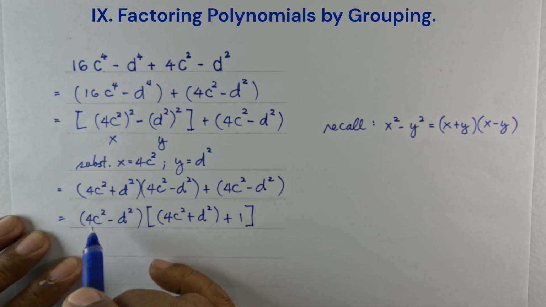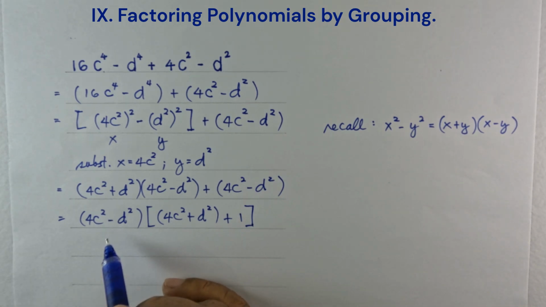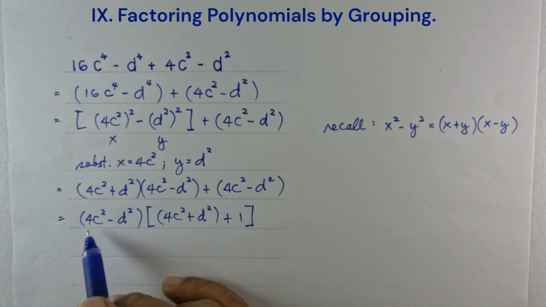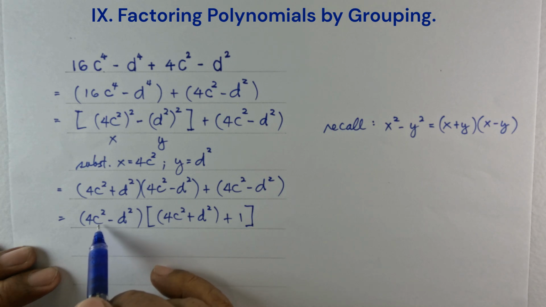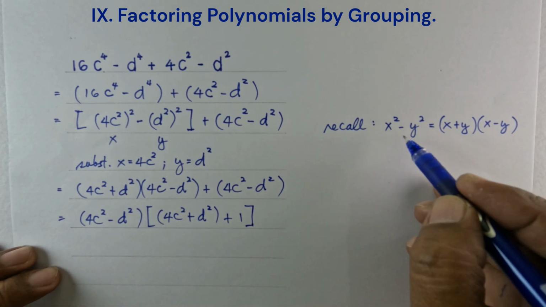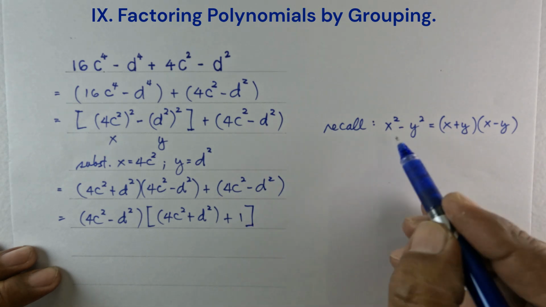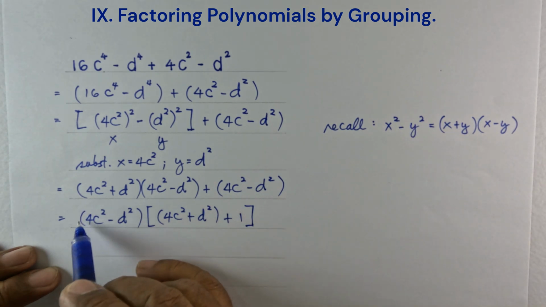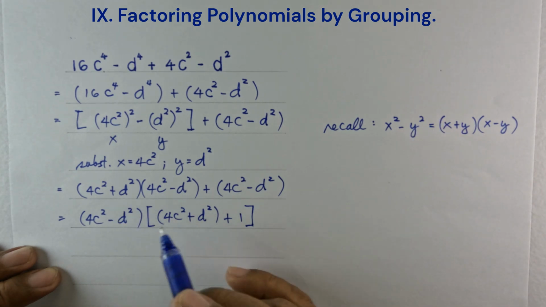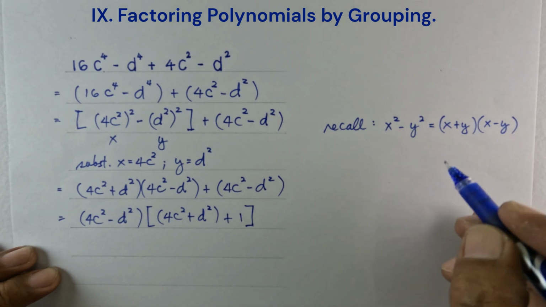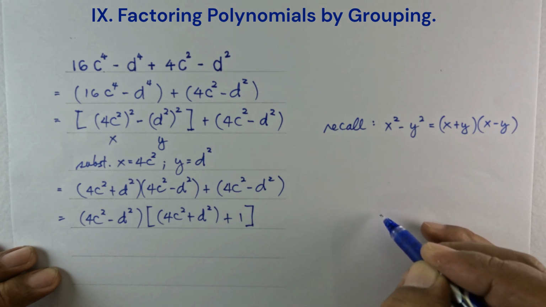Now, take note of this. We have here another set of difference in squares. Now, in this one, using the same formula, the x squared here is 4c squared, and the y squared is d squared. So let's use the same formula.